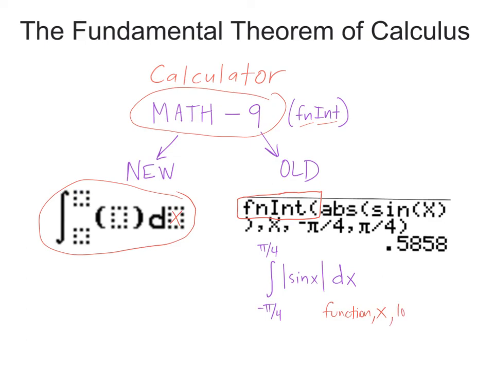Then you type your lower limit, comma upper limit. And that's how you input an integral into an older software on a TI calculator. But the majority of you will have this new version, but in case you have an older version, this command is how you would evaluate this integral.